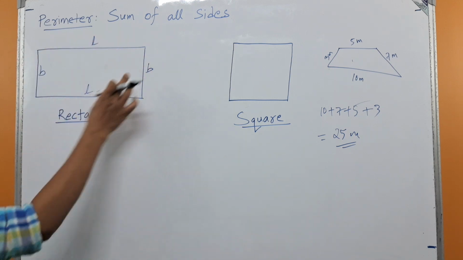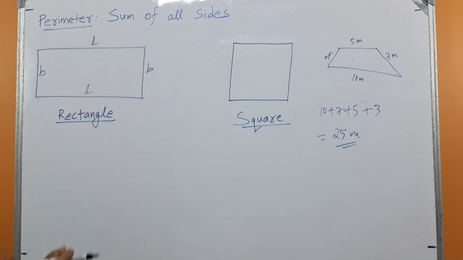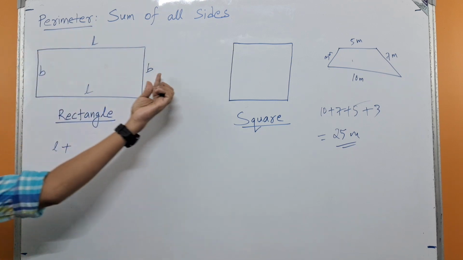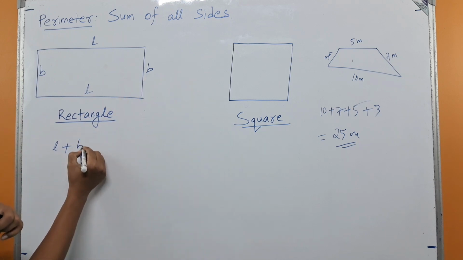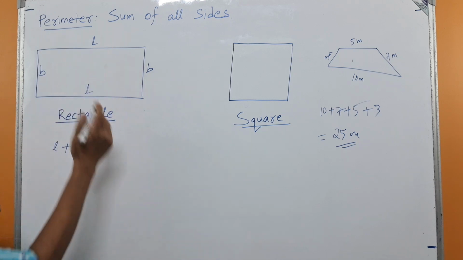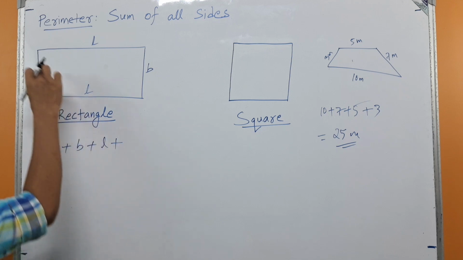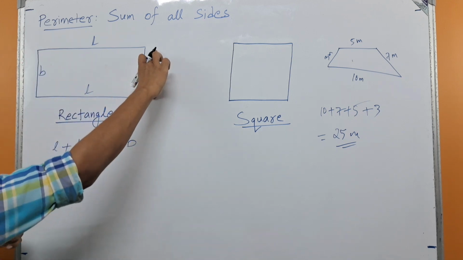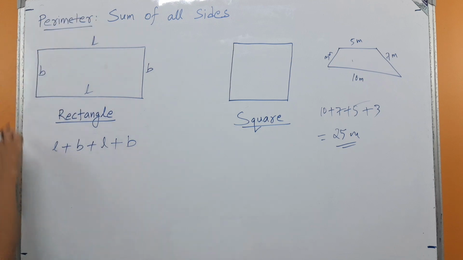We must add all sides of this rectangle, isn't it? So this side is L plus this side is B plus this side is L again plus this side B. When we add all four sides, we get perimeter.